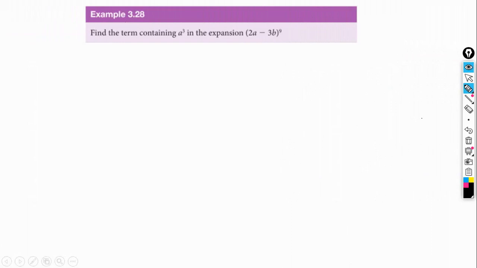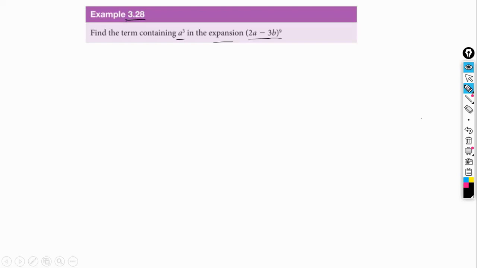Next we have example 3.28, and it says find the term containing a to the 3 in the expansion of 2a minus 3b to the power of 9. So this is where we would use the definition of the binomial expansion as a series.